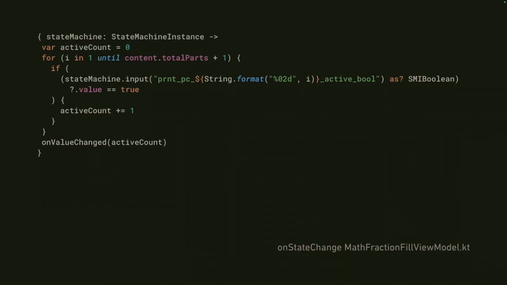Depending on how your animation file is built, maybe each fraction piece has a Boolean that indicates whether or not a piece was selected. Here we are counting up how many pieces were selected, or rather active, to report what the user's answer is so far. The Booleans read are SMI Booleans, SMI meaning state machine input, and this is one way we know how to access them.